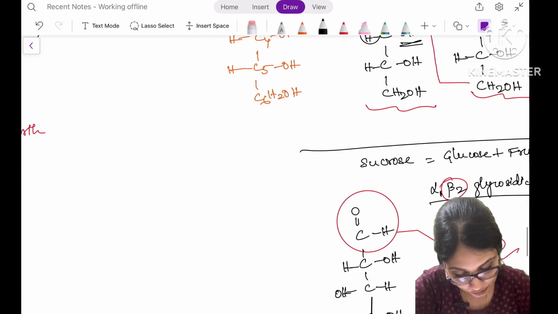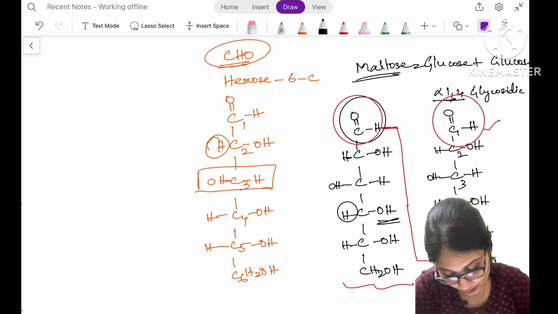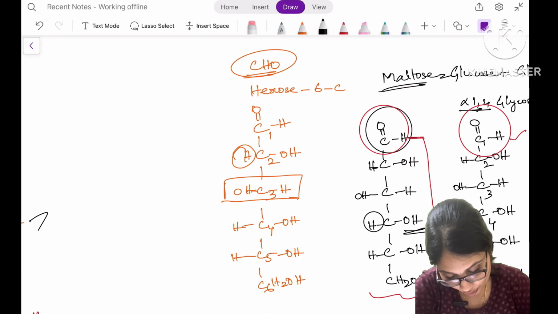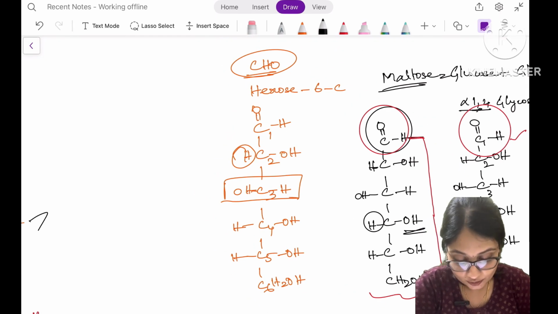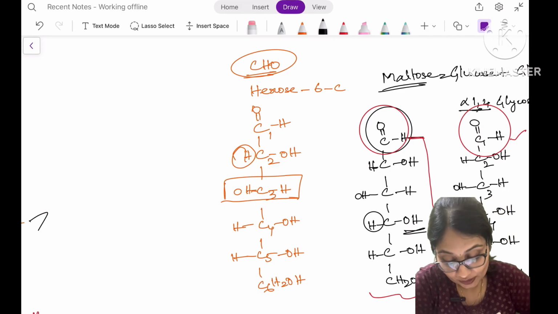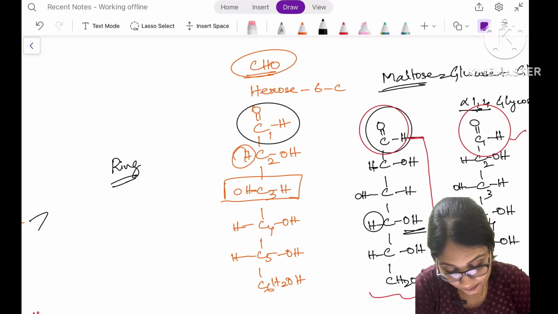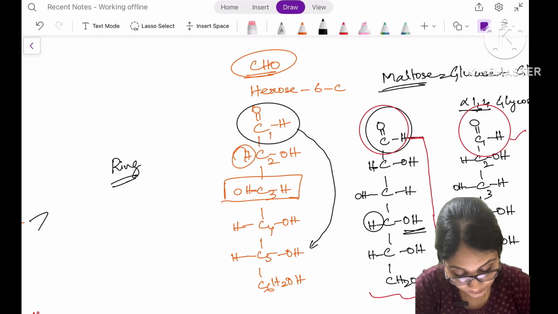In glucose, let me show you the glucose which was drawn here. This is our glucose which was initially drawn. This is a linear Fischer projection. This ring conformation occurs when this first carbon is interacting with this fifth carbon.